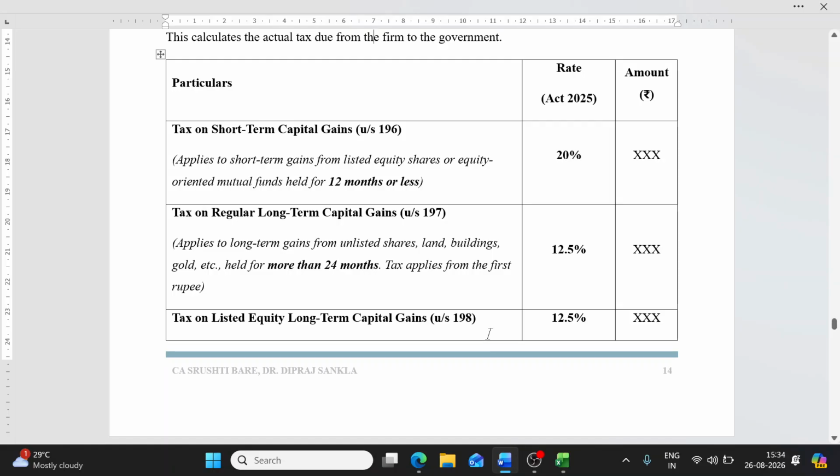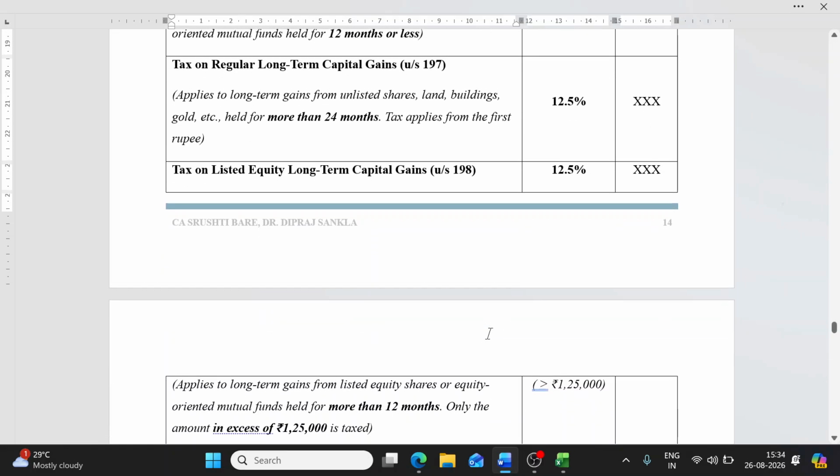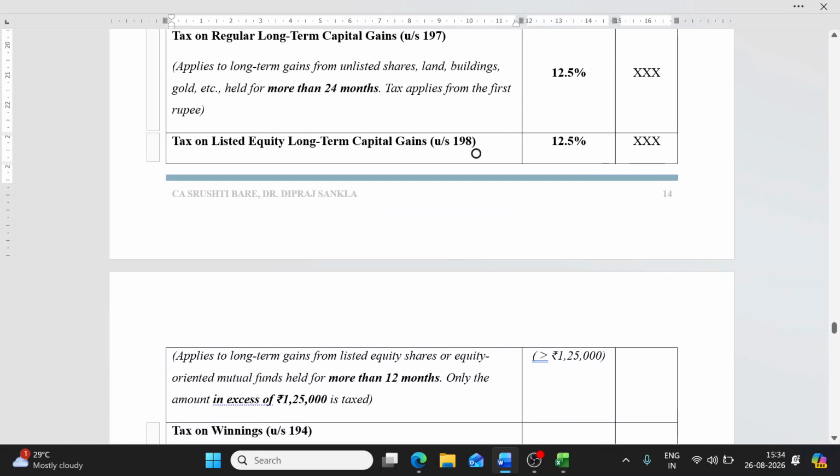See, in section 198, in case of listed equity share, there was an exemption limit of 1,25,000, but in section 197, there is no exemption limit. It means tax applies from the first rupee. So on the entire amount pay tax at the rate of 12.5 percentage.